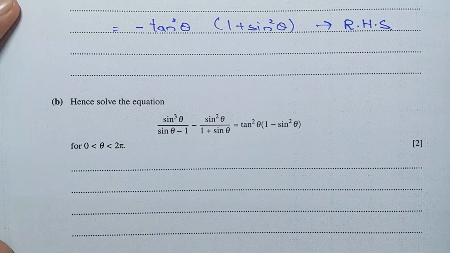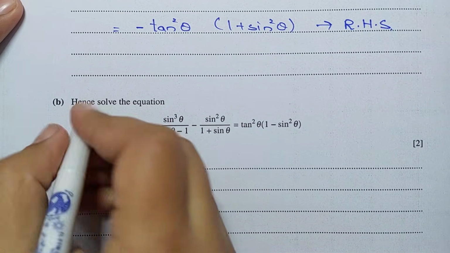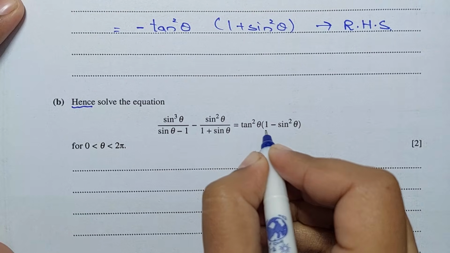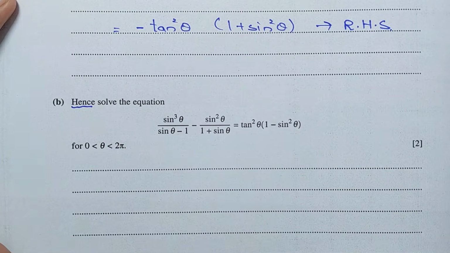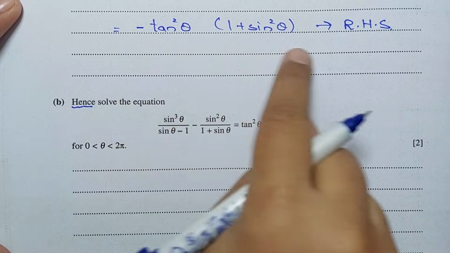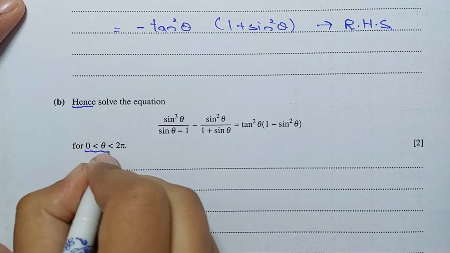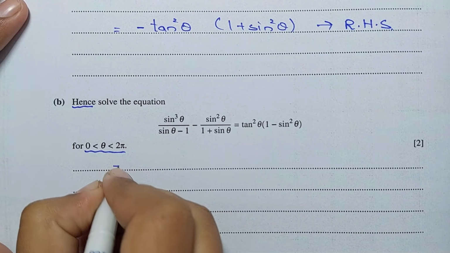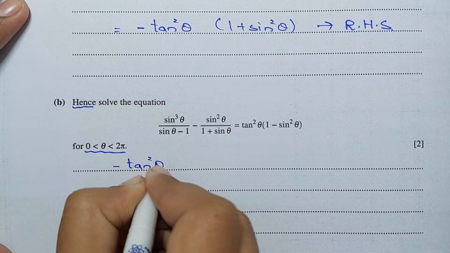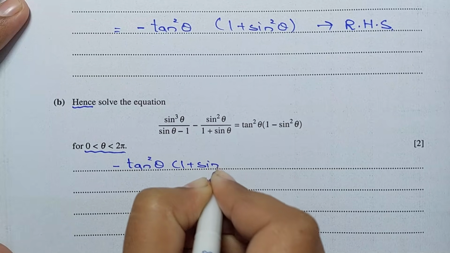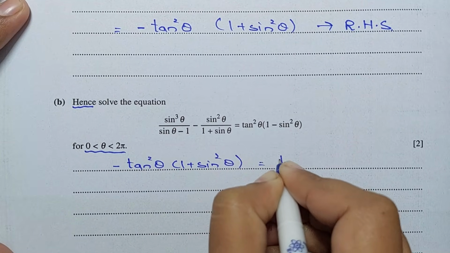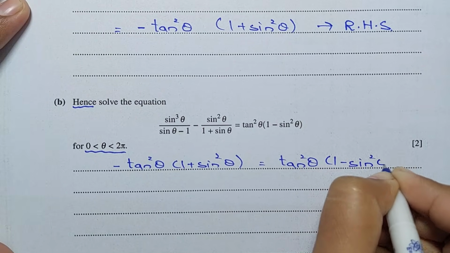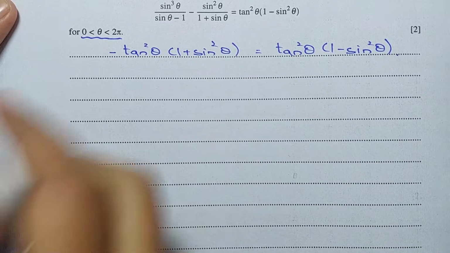Moving to part B, hence solve the equation, which means use the answer from part A. This whole thing equals tan square theta into 1 minus sine square theta, for theta values from 0 to 2 pi, keep that in mind. So minus tangent square theta into 1 plus sine square theta equals tangent square theta into 1 minus sine square theta. Let me simplify.